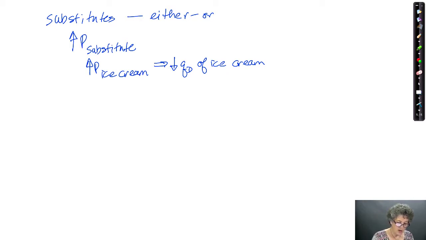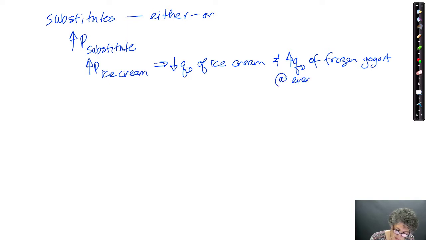So the higher price of ice cream leads to a decrease in the quantity demanded of ice cream. And because people still want something cool to eat as a dessert, it's going to increase the quantity demanded of frozen yogurt. Where do I want to write this? At every possible price of frozen yogurt.